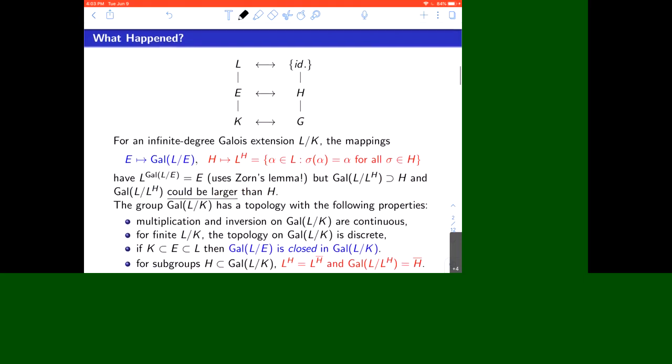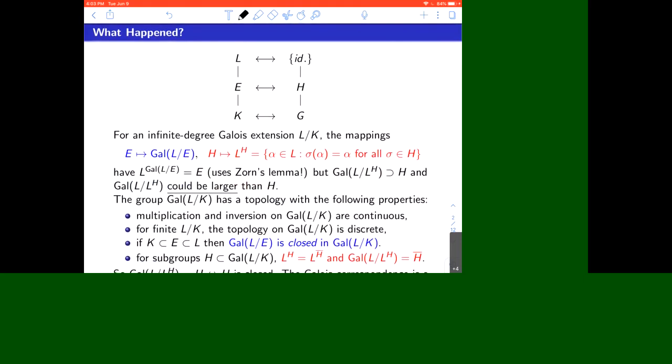Okay, so if we look at the relations in the Galois correspondence, we go from intermediate fields to subgroups, and then from subgroups H to their fixed fields, L to the H. There's no problem going from a field to a subgroup and back to the same field. You get back to where you started.